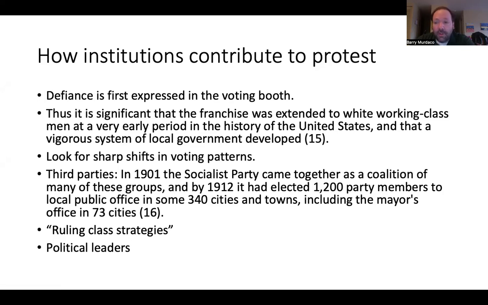And the failure of political institutions to do so then becomes another major causal factor as well.